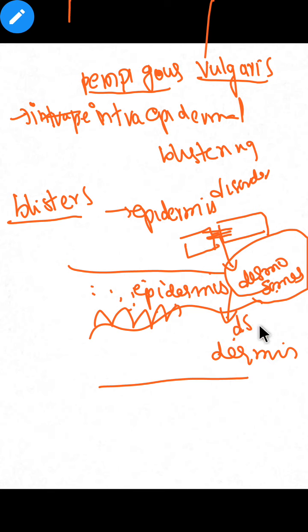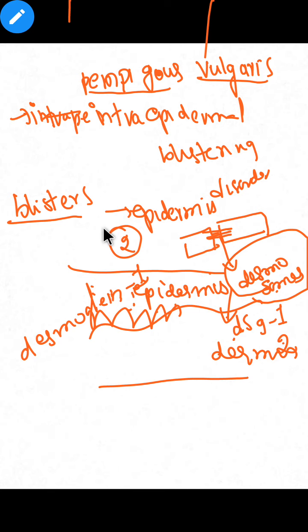Desmosomes contain desmoglein 1 and 2, they may contain 1 or 2 depending upon the site. Okay, desmoglein 1 or 2.